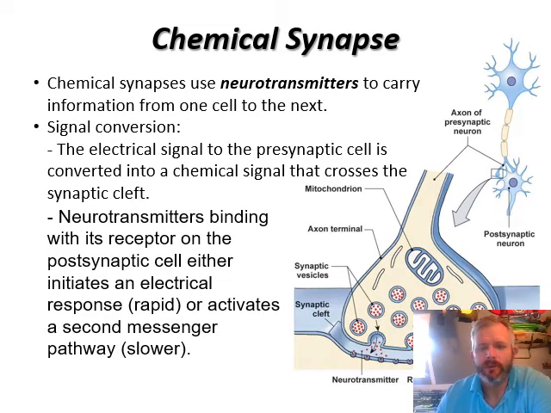All right, so the chemical synapse, that presynaptic neuron has that chemical messenger, that neurotransmitter, and that is the function of the action potential. As the action potential comes down, it is going to be the cue for release of this neurotransmitter.